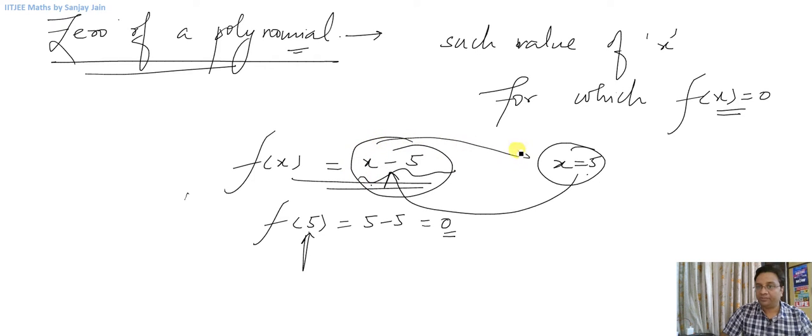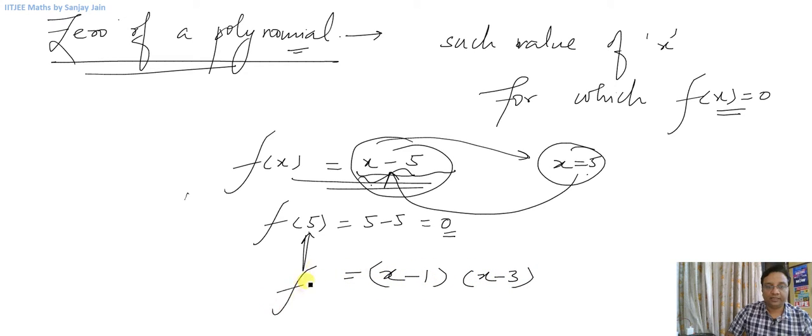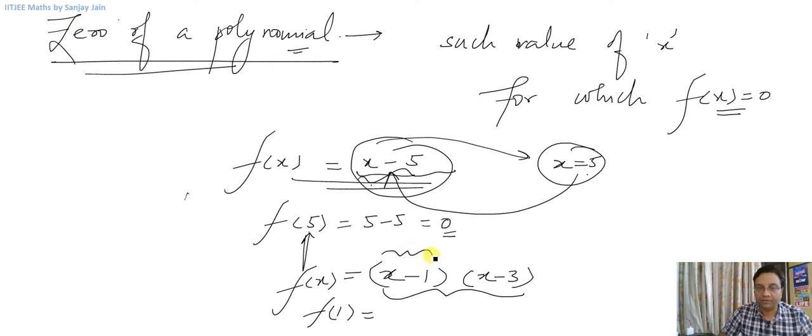There can be maximum 1 0, right? Maximum one value that can make it 0. Or let us say we have got an expression like this, x minus 1, x minus 3, and it is f of x. Now this is another polynomial. This polynomial will become 0 at x equal to 1, because when I put x equal to 1, this bracket will become 0, and 0 into something is 0.